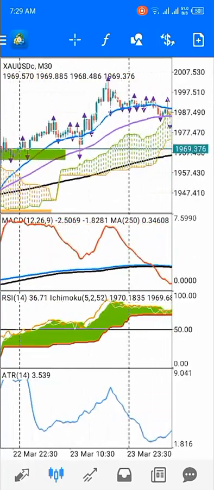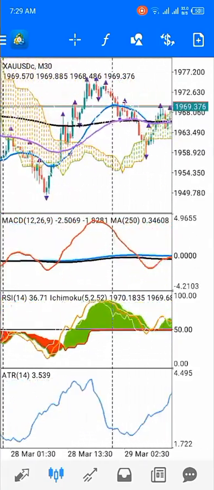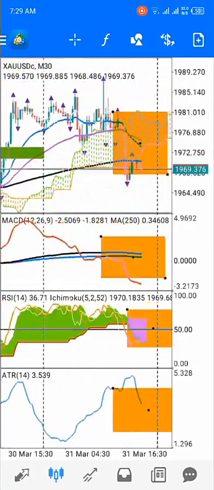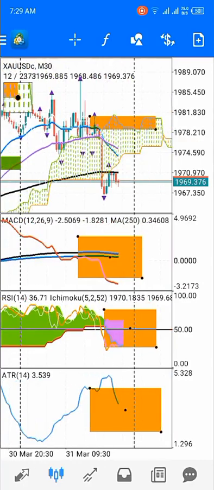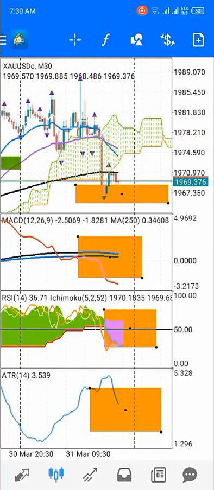So when shorting gold, if price drops below all indicators except for the black line, you can place your sell trade.